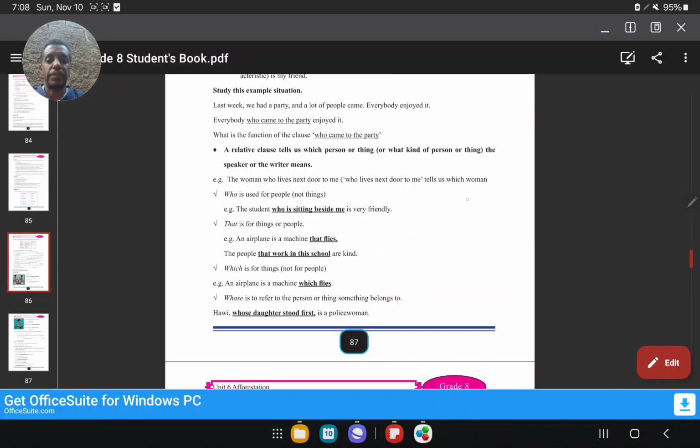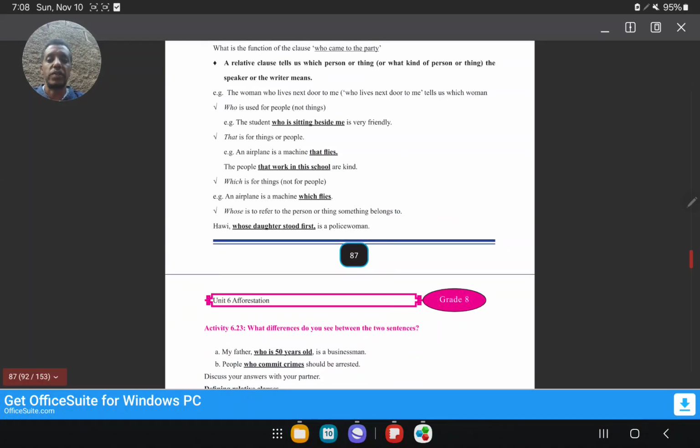Next, whose is to refer to the person or thing something belongs to. Howie, whose daughter stood first, is a policeman. Let me show you here, students. Whose refers to possession, ባለቤትነትን.